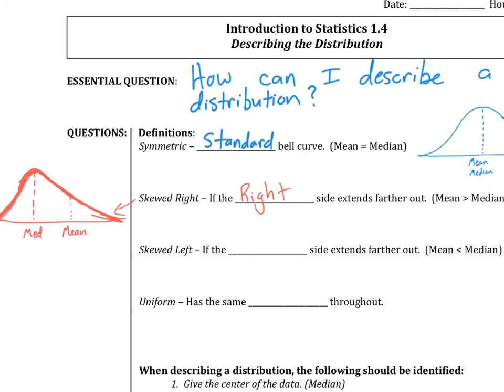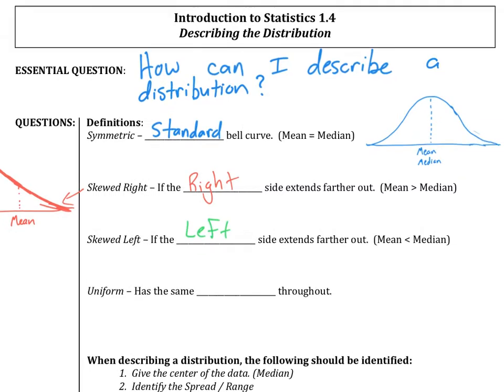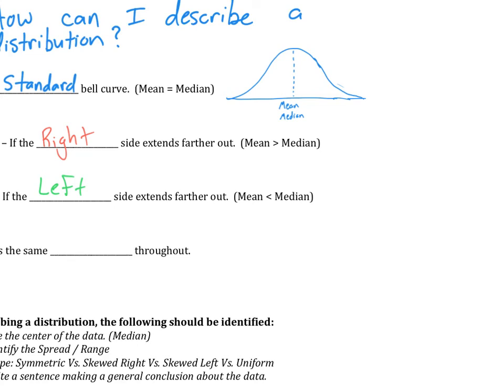And then lastly, skewed left would be if the left side was further out, which means the mean is less than the median. So this one would look like this. You have your line. That'll be what skewed left looks like.